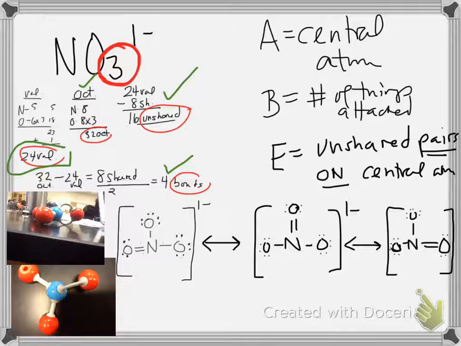Okay. One thing I saw was people who were writing down the total number of unshared pairs, or the total number of unshared electrons. So this would be like ABE8, AB16. No! I'm going to shrink all the math here.